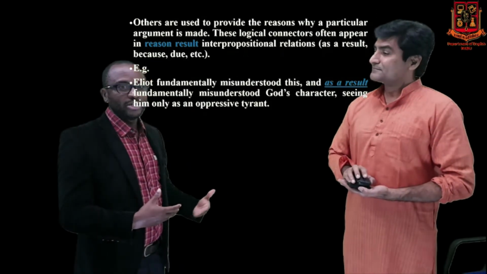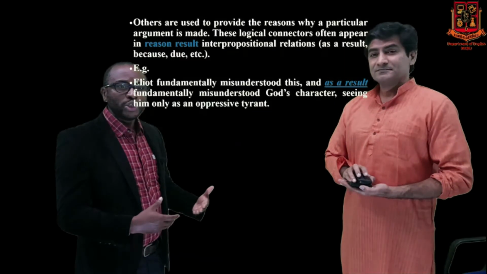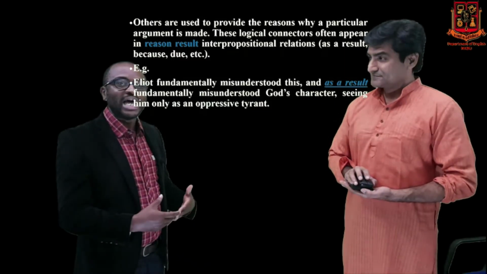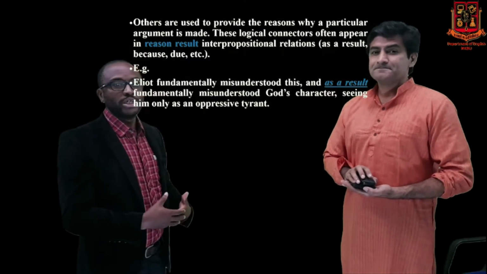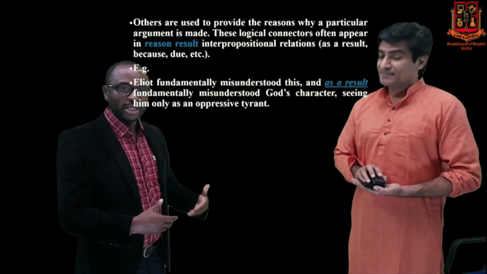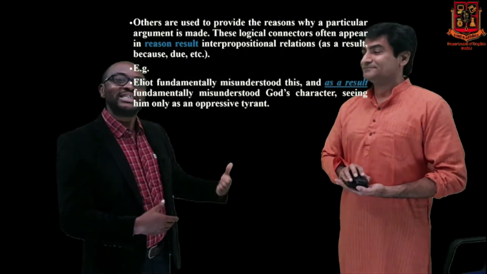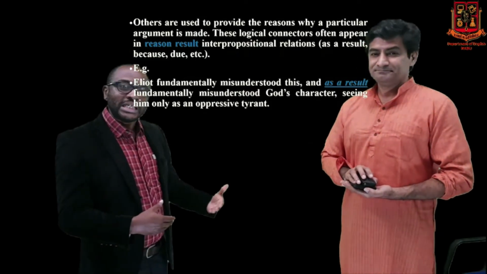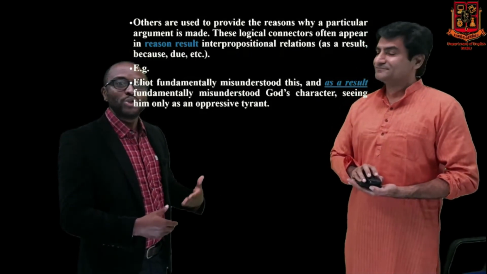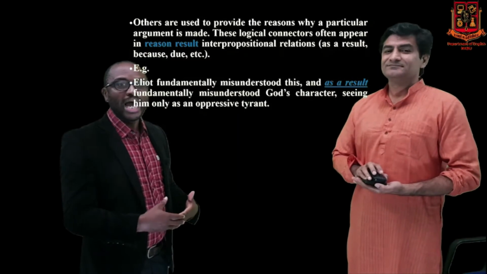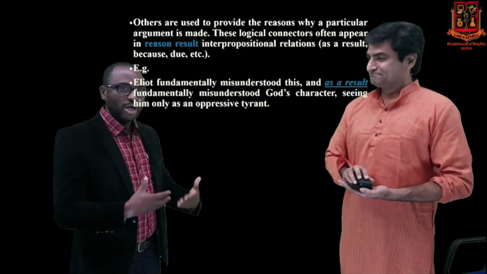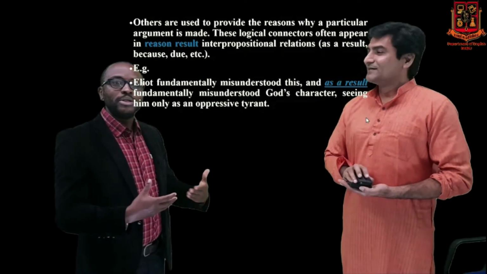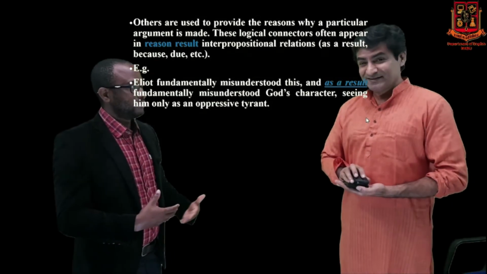For instance, if you say Eliot fundamentally misunderstood what he talked about in his book, and as a result, fundamentally misunderstood God's character, seeing him only as an oppressive tyrant. This is how you can give a reason. It's a very interesting example.